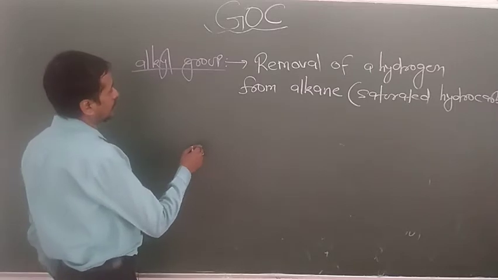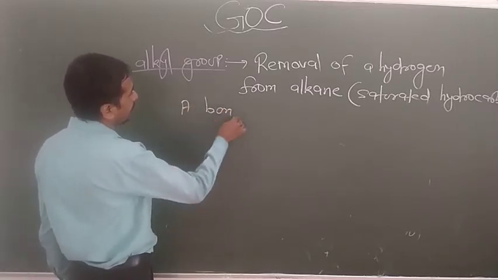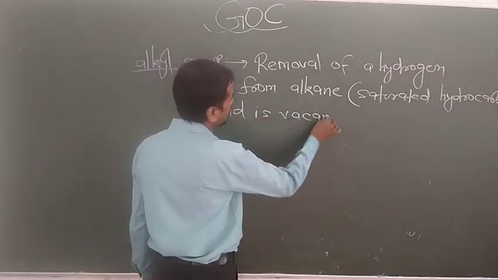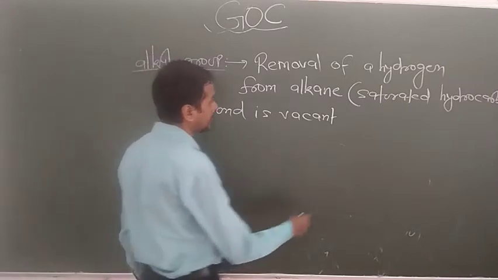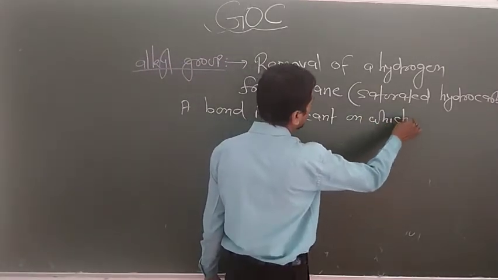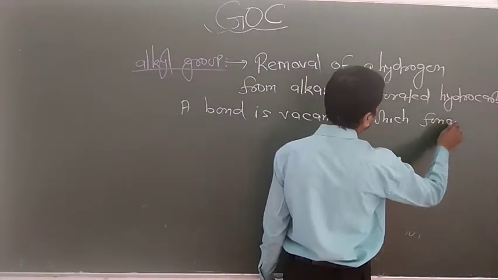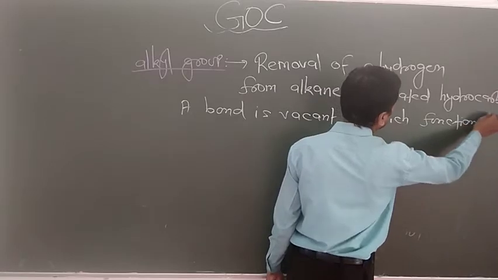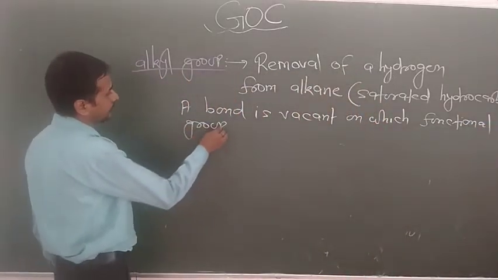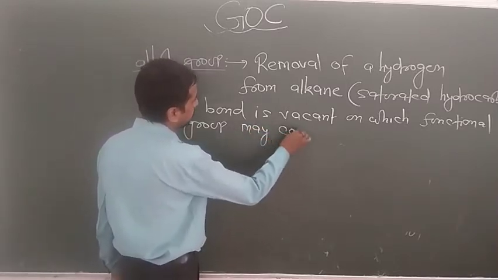Now one more thing, note down that a bond is vacant in this group. A bond is vacant on which a functional group may come.